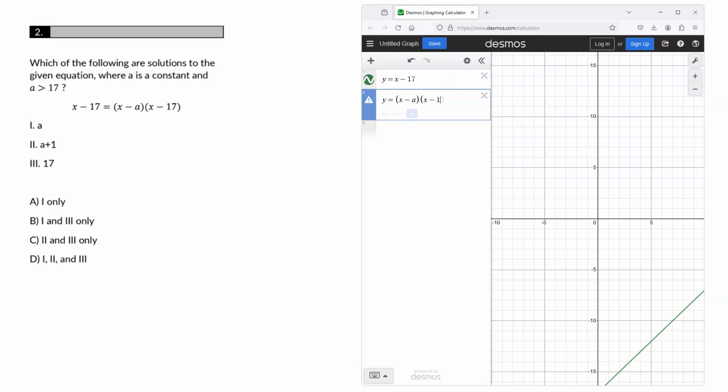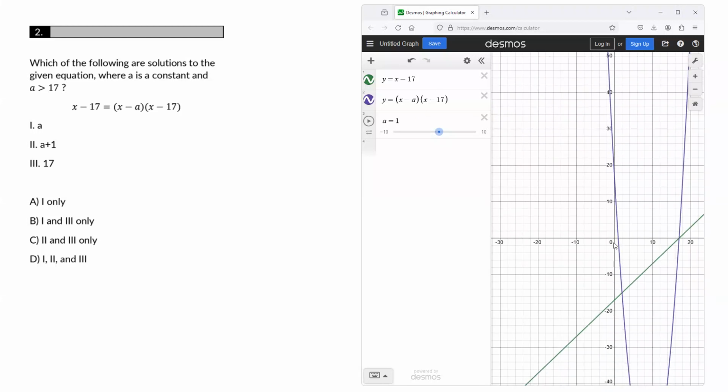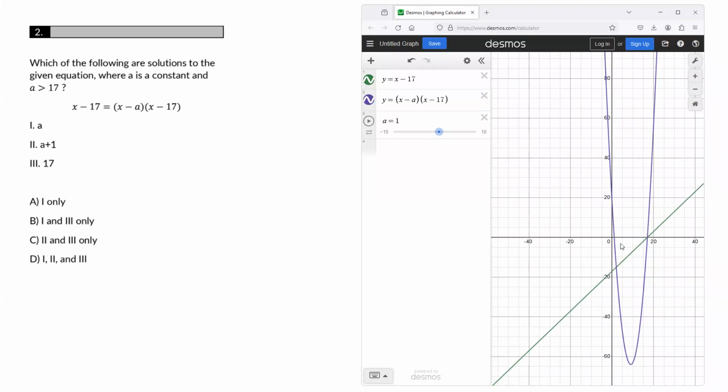As soon as I have a y and an x in an equation, if I use another letter, Desmos gives me the option to add a slider. So I'm going to say yes, I want to add this slider. And now I've got my graph available. Let's zoom out so we can see it well.